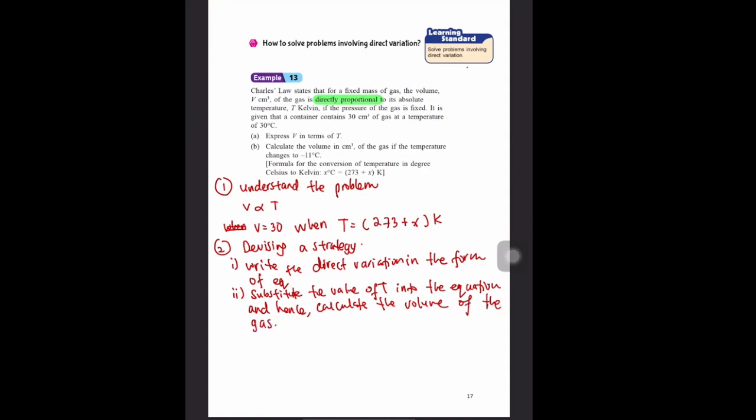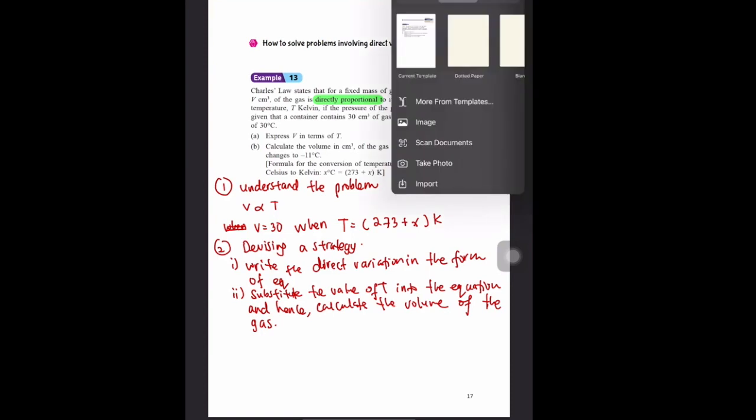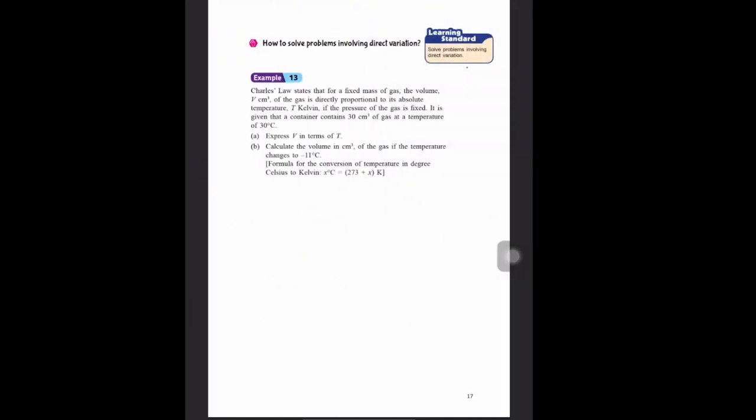The third part, we implement our strategy.